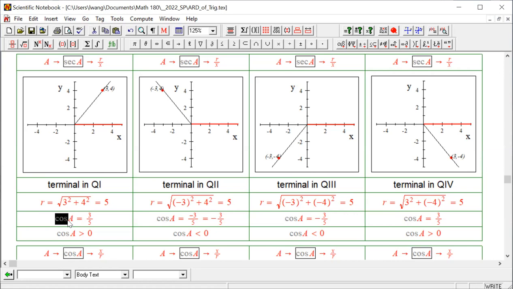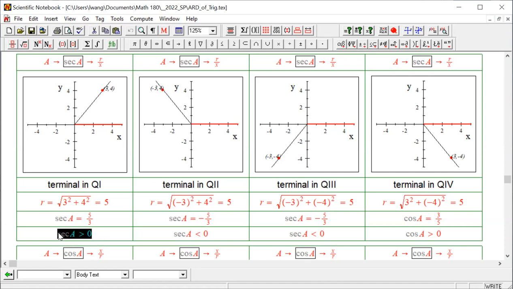The secant A is going to be 5 over 3 because they're just reciprocal. When secant A terminates in the second quadrant, it would just be -5 over 3, the reciprocal. In the third quadrant, secant A is going to be -5 over 3 as well, and the signs stay the same.